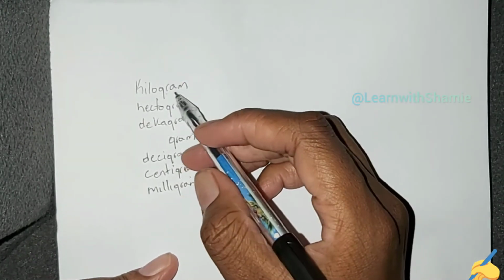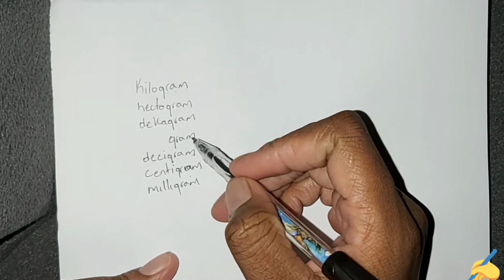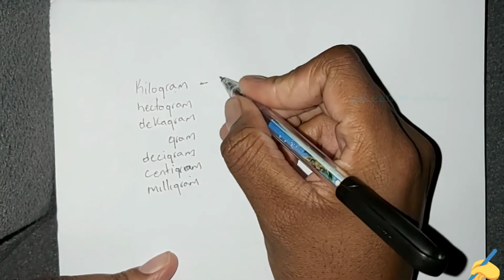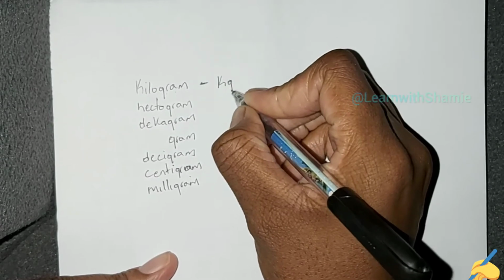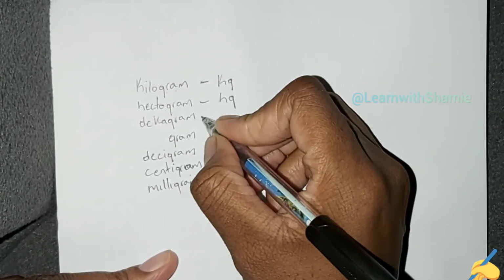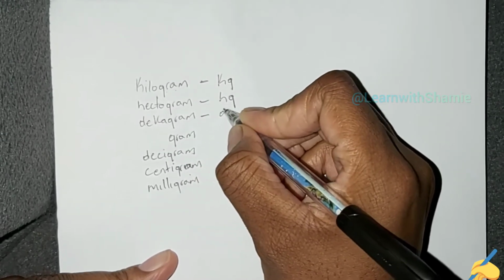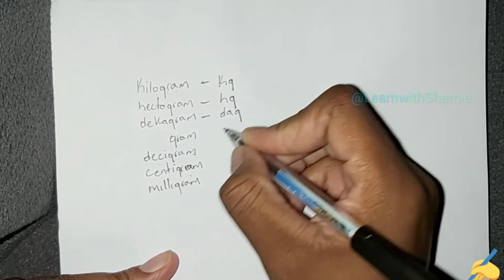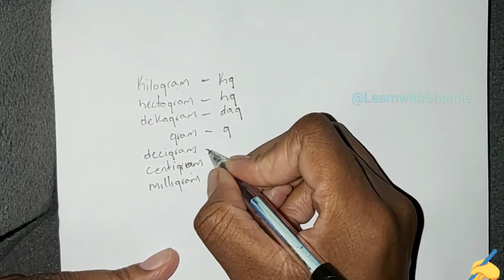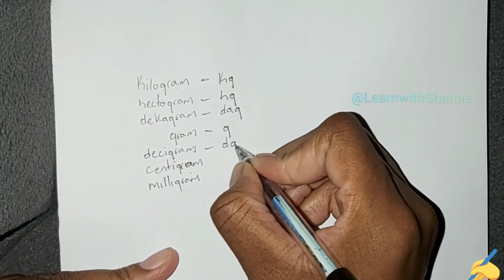Now, each of these units has an abbreviation. The abbreviation for kilogram is kg. For hectogram is hg. For decagram is dag. For gram we have a g. For decigram it's dg.